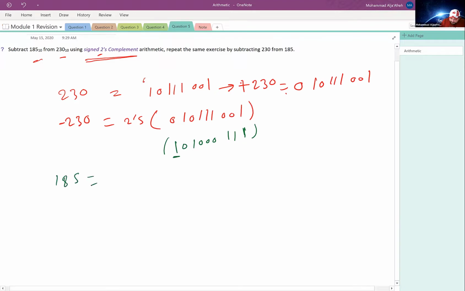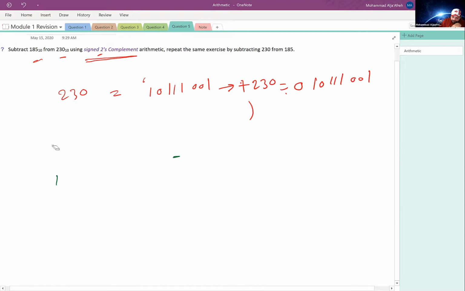Now the 185 might not require 8 bits to be represented, but I have to write it in the same length. Actually, I made a mistake here, a big mistake.